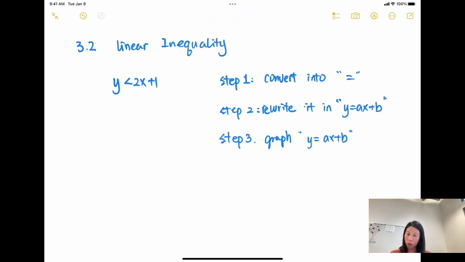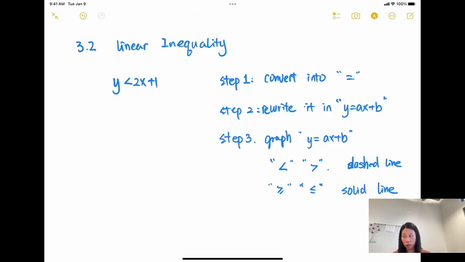But be careful in here. If this is a less than or greater than sign, which is these two signs, you're going to use a dashed line because it's not including, right? If the sign is greater than or equal, or less than or equal, with the equal sign, you're going to use a solid line to graph it.